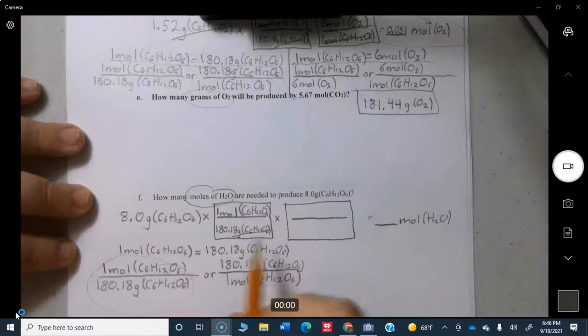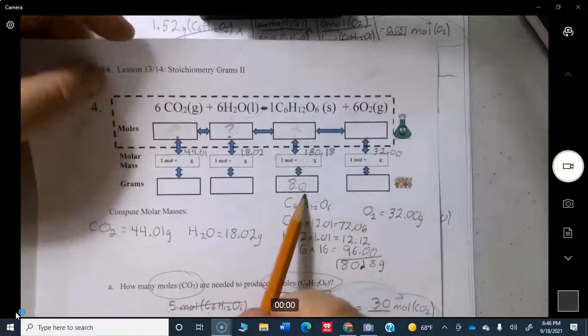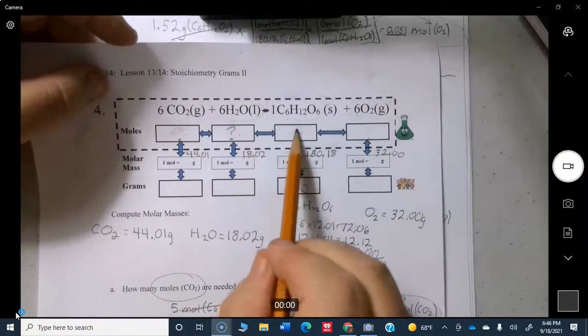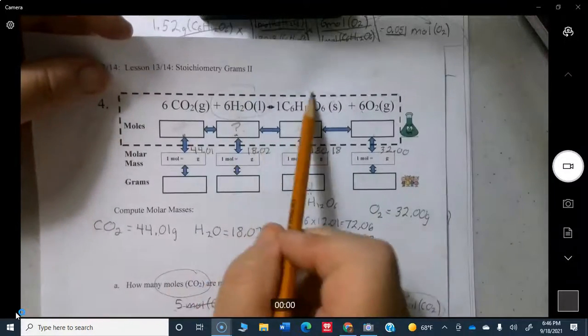Grams of sugar cancels with grams of sugar, so you're now in the moles of sugar box. You went from here to here. Now you got to go moles of sugar to moles of water, and there's the equivalency right there written for you.